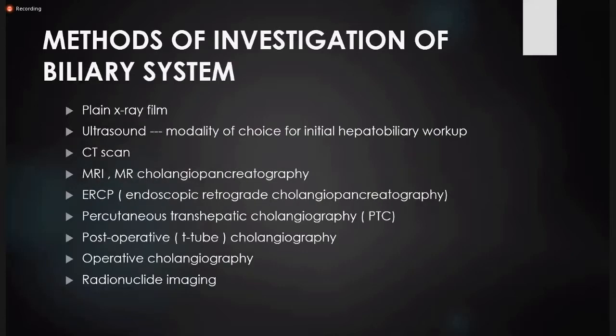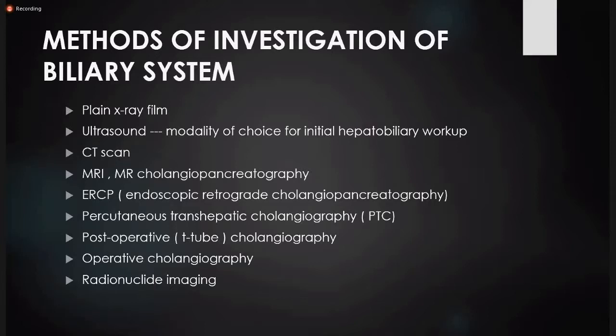What are the methods of investigation of the biliary system? Plain X-rays can give you some hints or signs, but this is not the primary imaging modality for the biliary system. The primary imaging modality is ultrasound. The first thing you prescribe to a patient that you think has an abnormal biliary system, you ask for ultrasound.